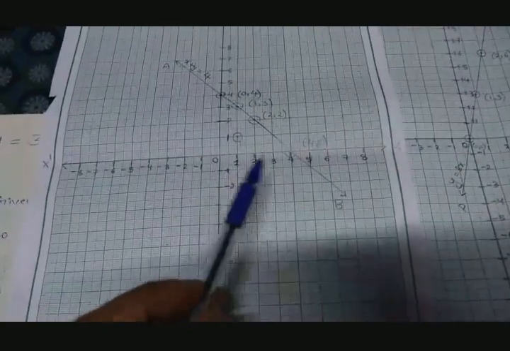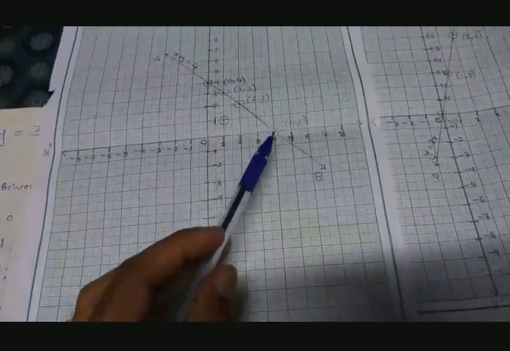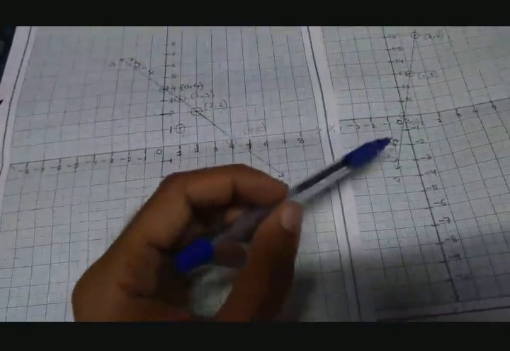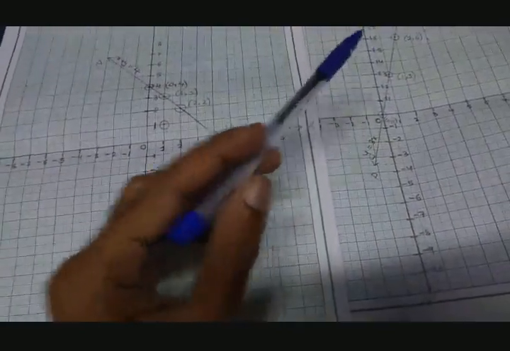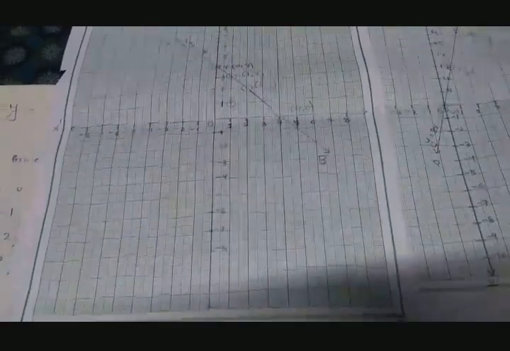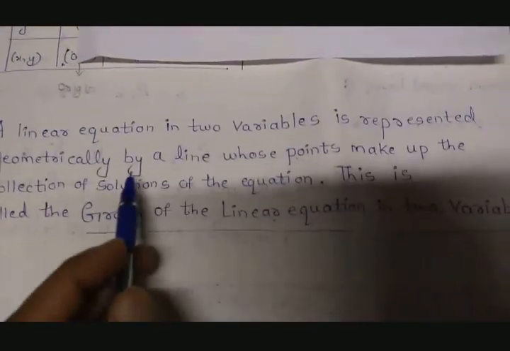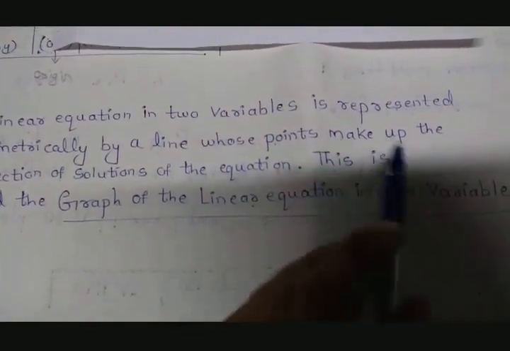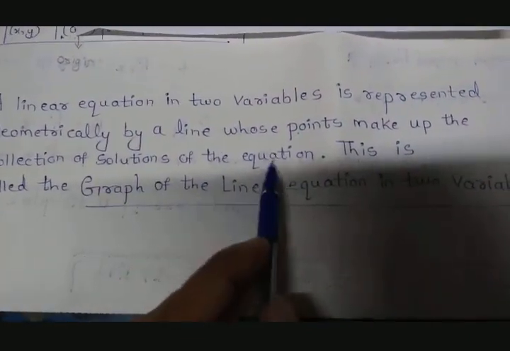In the conclusions we have also studied that these particular points are the solutions of the given linear equation, right? That is what the second part of the definition tells, that is, by a line whose points make up the collection of solutions of the equation.